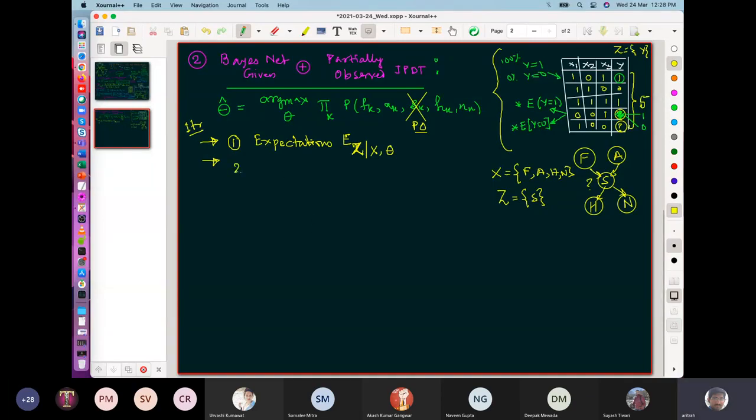The second step would be our traditional thing, to find the argmax over all possible thetas. However, here instead of directly computing the log likelihood to maximize with respect to the variables we have, we are trying to compute the expected log likelihood to be maximized.